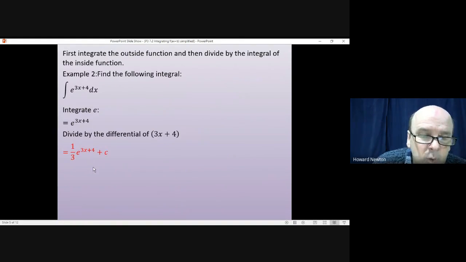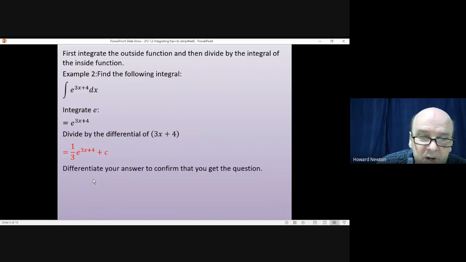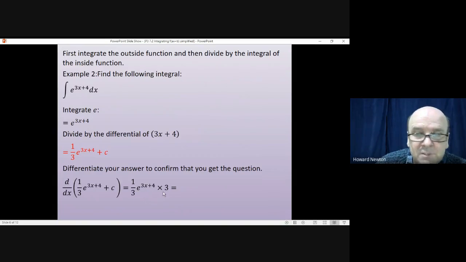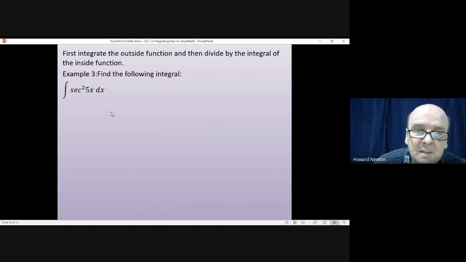That will give us 1/3 e to the 3x plus 4, plus a constant. And again, if you differentiate that, we should get the question. Differentiating it gives us 1/3 e to the 3x plus 4 times 3 when we differentiate the 3x. Again, the 3 and 1/3 cancel, giving us the question. So all is well.